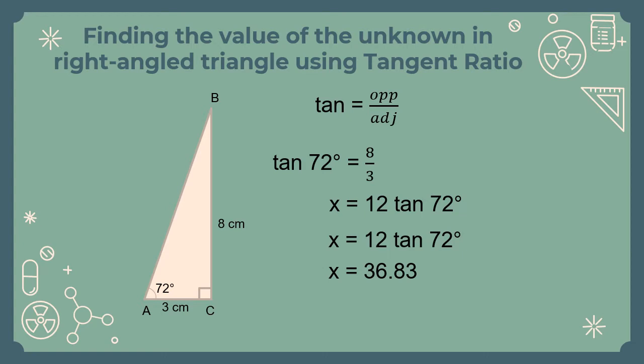So x, cross multiply, x is equal to 12 tan 72, which is equal to 36.83. Use your calculator: 12, tan, shift, 72. The answer is 36.83.